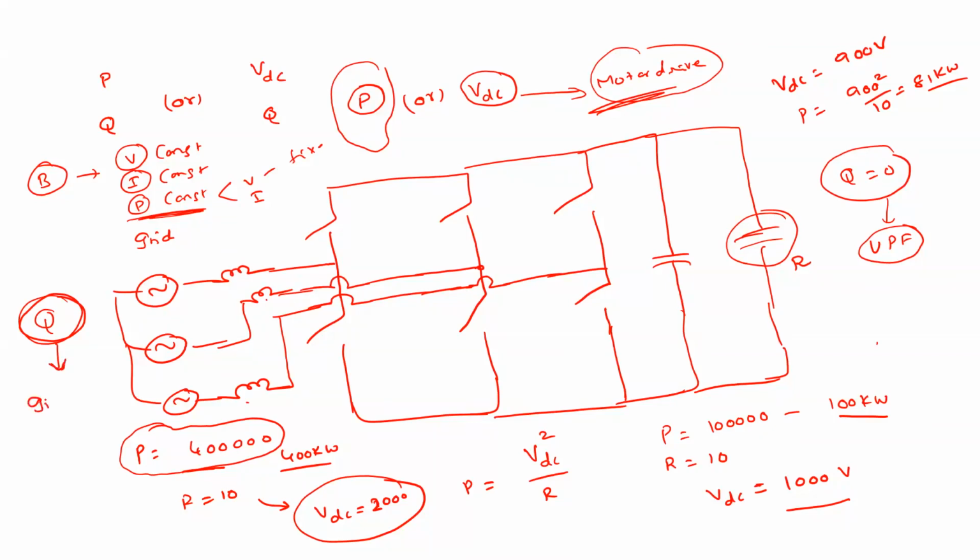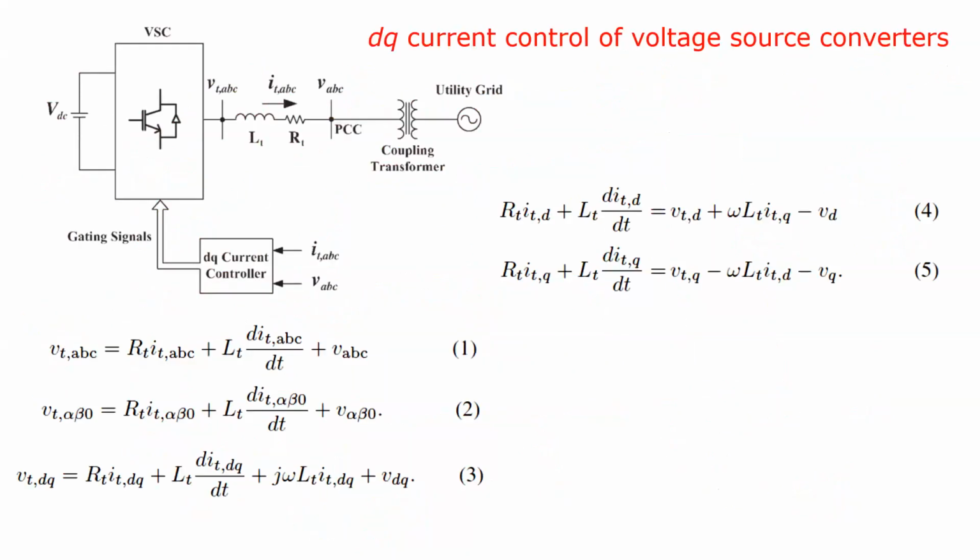If you want to have grid stability, if you talk about the grid, when exactly will we control this Q? Let us assume some fault is happening, right? With the fault, the voltage will be fluctuating. So by injecting some equal and opposite reactive power, we can regulate the voltage.